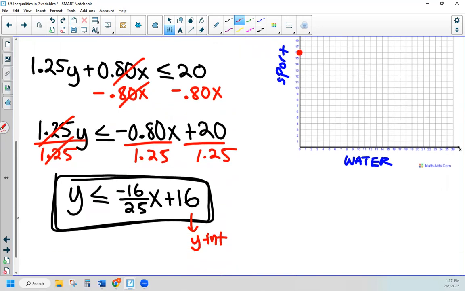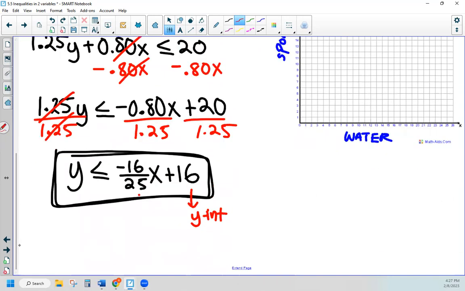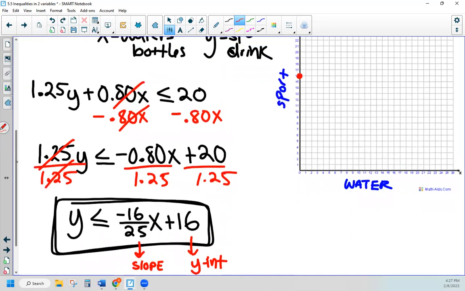And then from there, I am going to use my next value, which is located right here, which is my slope. That is going to be my staircase, or the rate of change, or the little ladder pattern that we got going on. So you could see that this slope is negative. That means my line has to go downwards from left to right. So I'm going to go down 16, which takes me down to 0. And then I'll go to the right, so it can take me to 25.